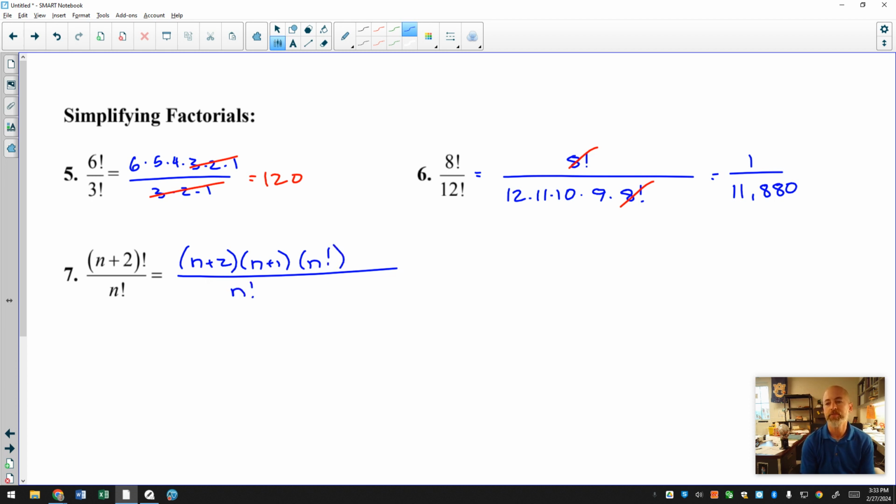The denominator is n factorial. I can cancel these factorials, leaving me with just n plus 2 times n plus 1. So there's simplifying those factorials.